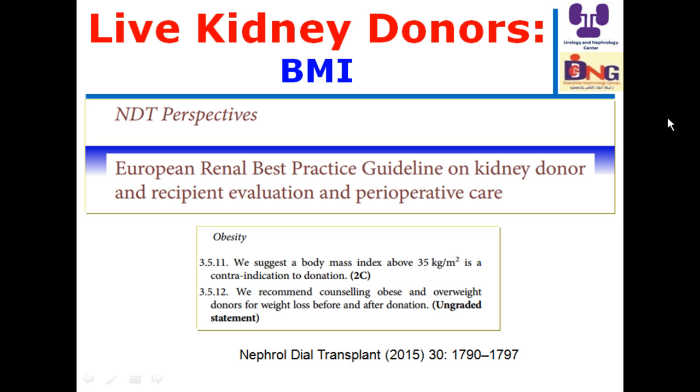And after donation is very important, because sometimes we advise them to reduce weight before donation, and after they donate their kidneys, they gain weight, and gaining weight is bad, as I will mention in the sector on obesity.